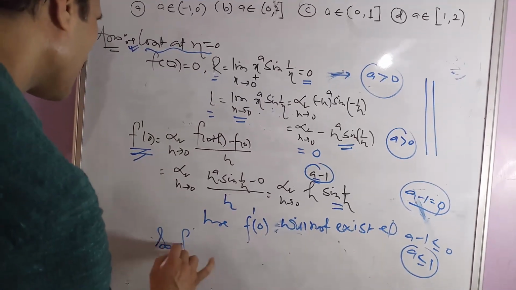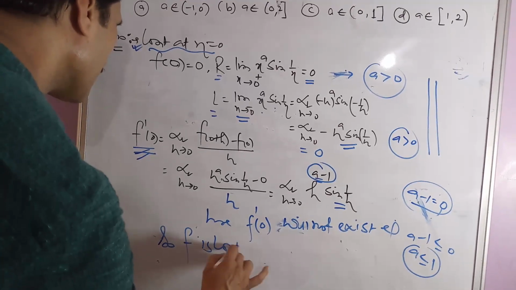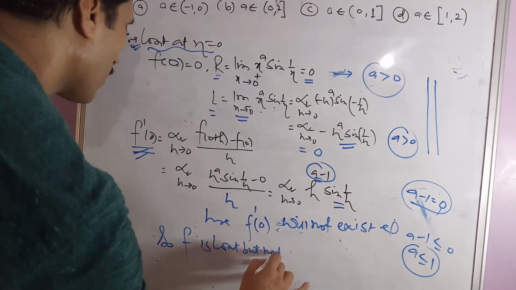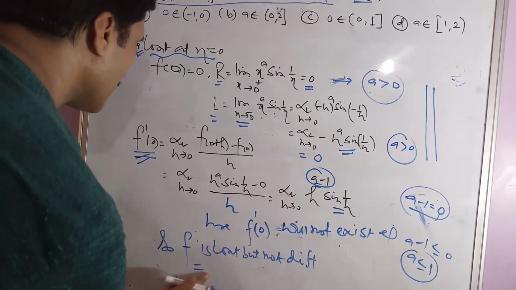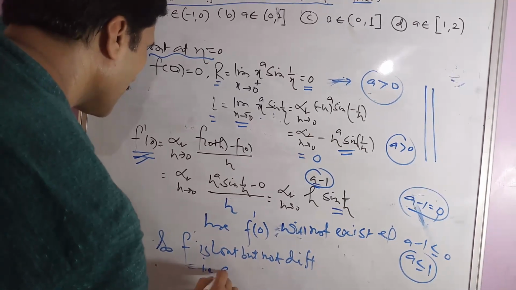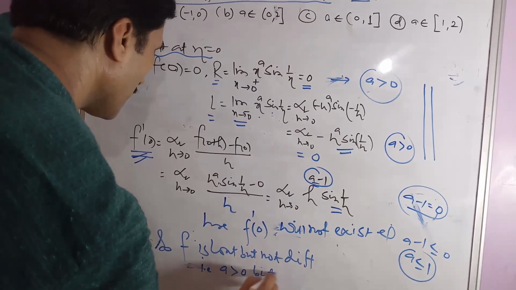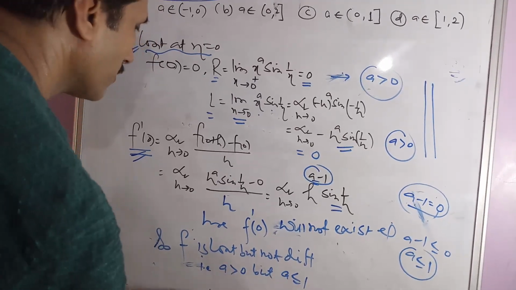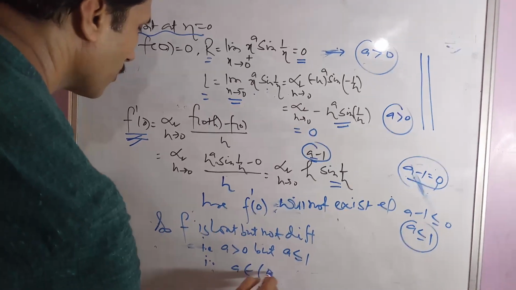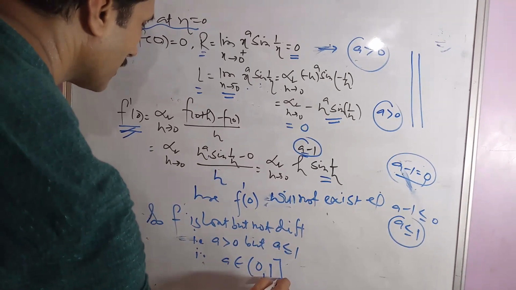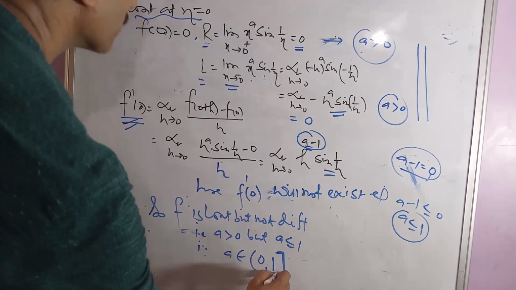So f is continuous but not differentiable when a is greater than 0 but a less than or equal to 1, that is a belongs to the interval 0 to 1, including the end point 1.